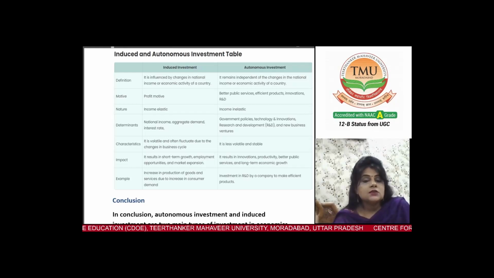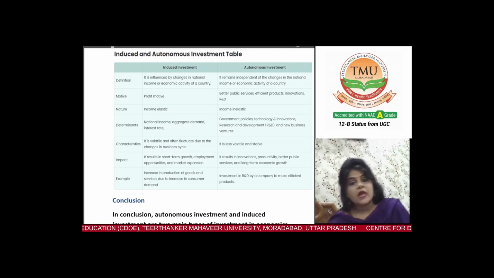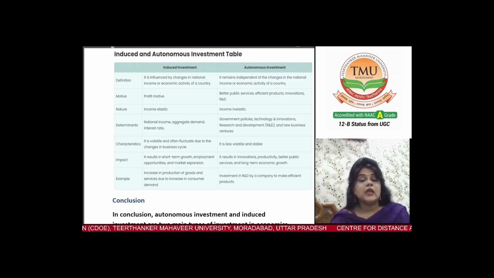So I discussed that autonomous investment stands in contrast to induced investment, which increases or decreases in response to the economic growth level. Induced investment aims to generate a profit. Since they respond to shifts in output, they tend to be more variable than autonomous investment.